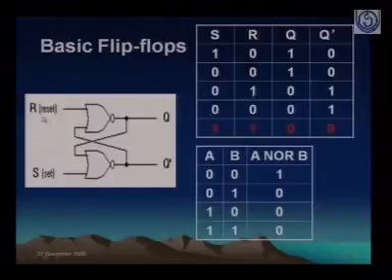As soon as R goes to 1, irrespective of the Q dash value, one of the inputs is 1. That means the output of the top NOR gate, that is Q, will now become 0, irrespective of the value of Q dash. In our case Q dash was 0, so with 1, 0 we are getting a 0 as output. So Q becomes 0.